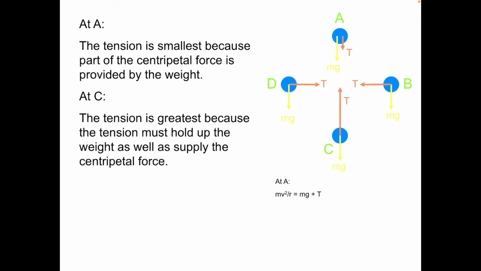At point C, the tension is the greatest because it must hold up the weight as well as provide the centripetal force. In this case, our centripetal force is equal to the tension minus the weight.